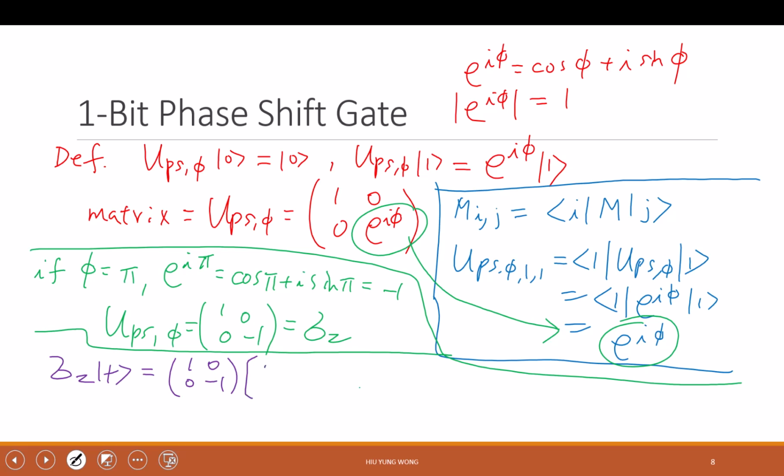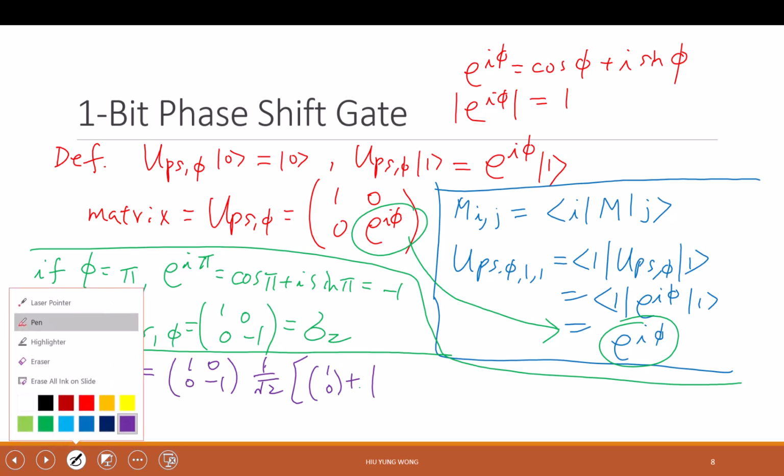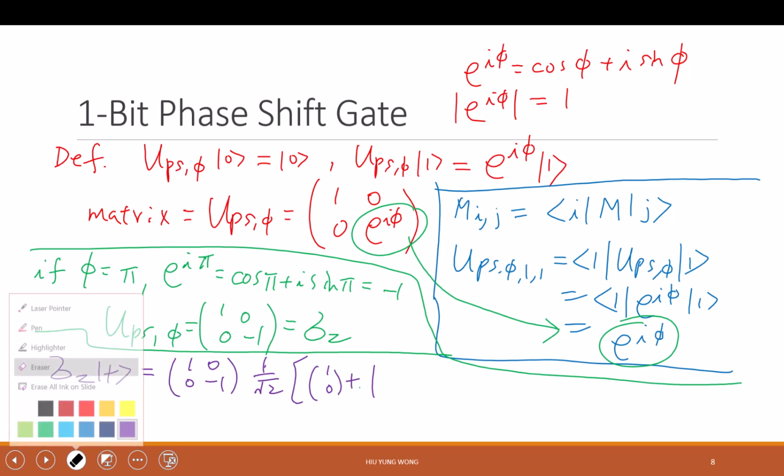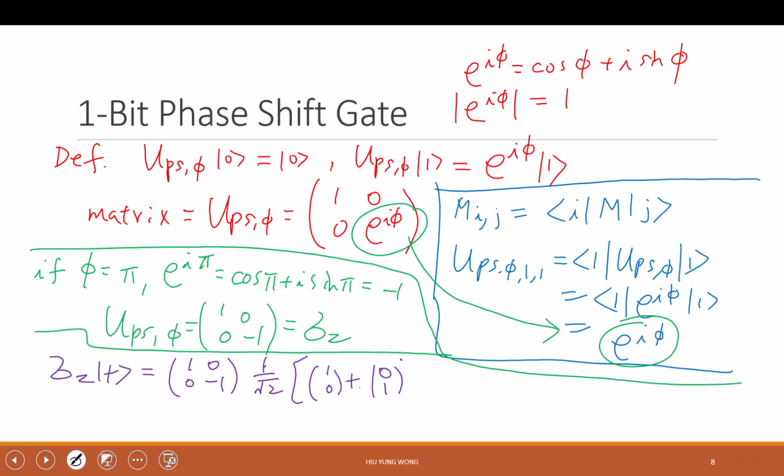What is the plus state? 1 over square root 2, 0. I need to make it into a matrix form, sorry. Plus state is just a superposition between the 0 and 1 states, right? 1, 0 and 0, 1.